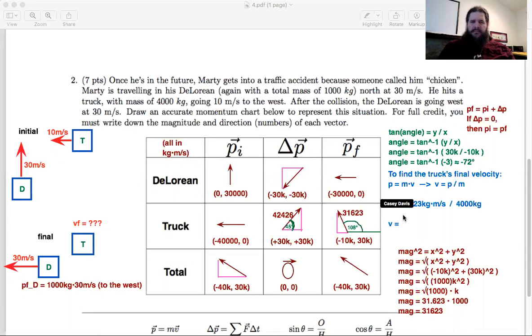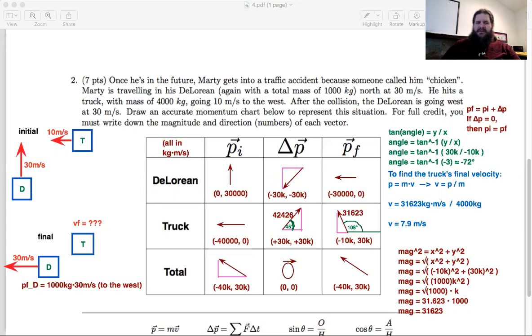Meters per second. Yeah, the kilograms cancel out. We're left with meters per second. And numerically, it looks like that works out to about 7.9 meters per second. So that would be the final speed. The truck, in the end, is traveling at 7.9 meters per second.